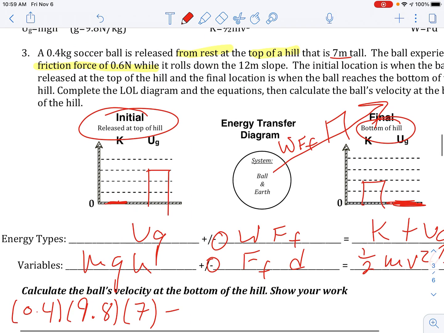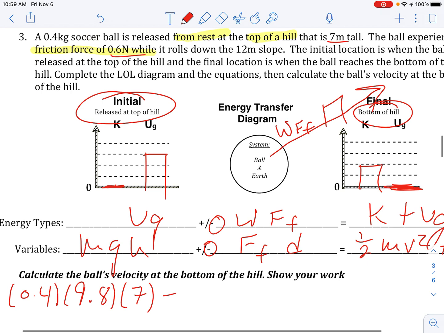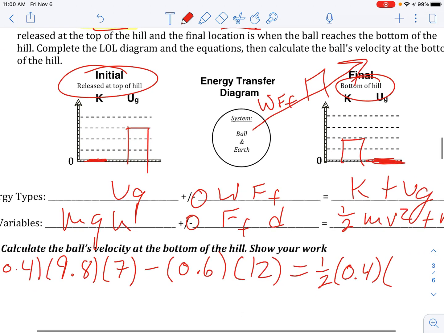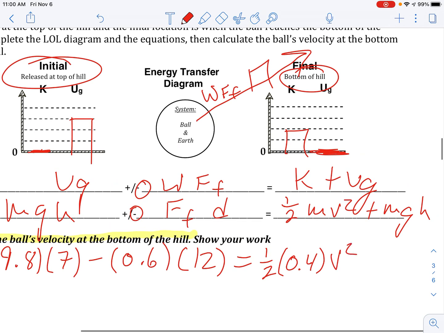Minus, you know, the force of friction is 0.6 newtons, and the slope has a length of 12 meters, so 0.6 newtons times 12 meters equals 1/2 mv squared. The mass is 0.4. The velocity at the bottom is what we're solving for, right? We're finding the ball's velocity at the bottom, so we're going to leave that as v squared. That's our question mark, our unknown.